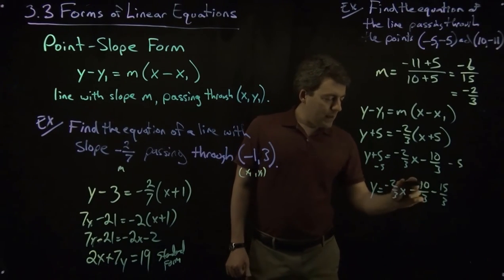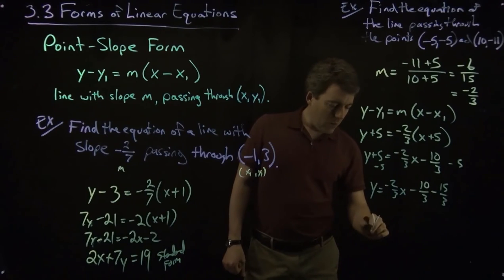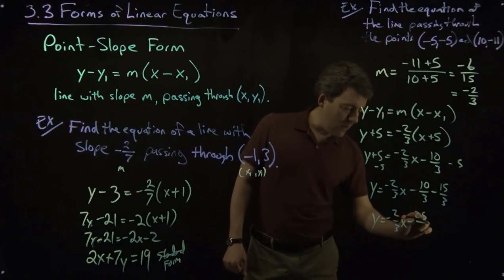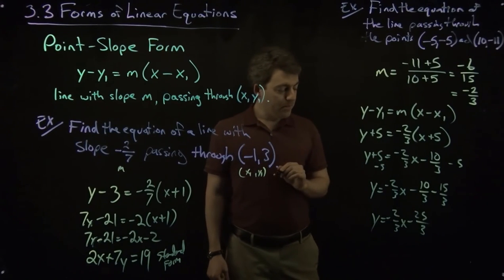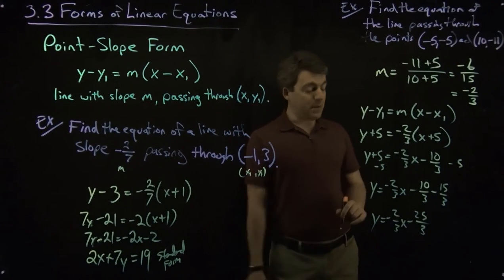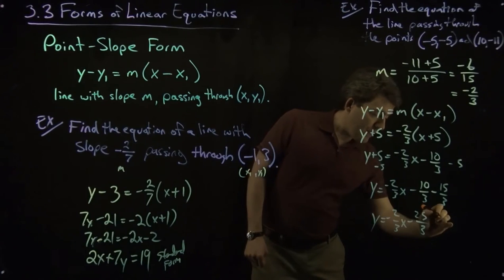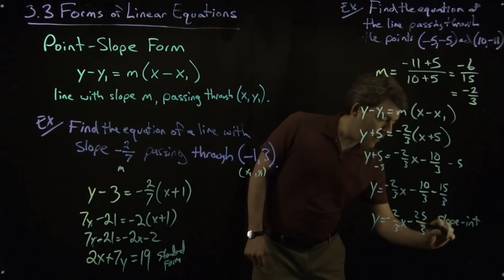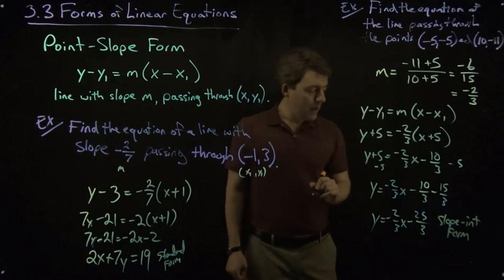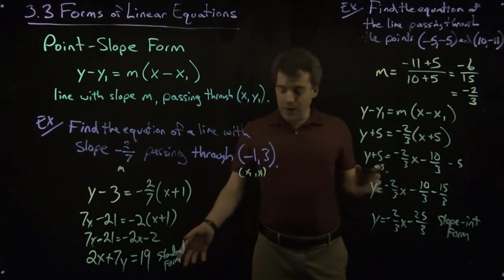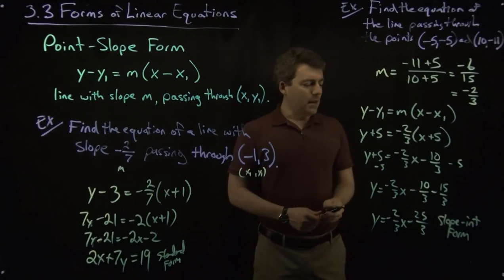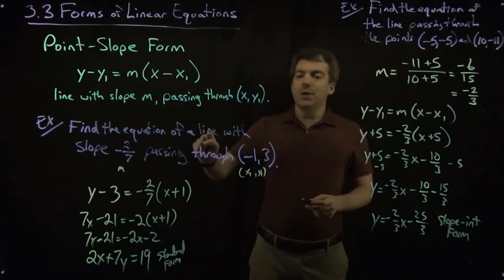So we get y equals negative 2/3 x minus 25/3. And that gives us a y-intercept in this form. So this is the slope-intercept form. Whichever one you need, standard form or slope-intercept form, once you have this, you can multiply it out and get there.